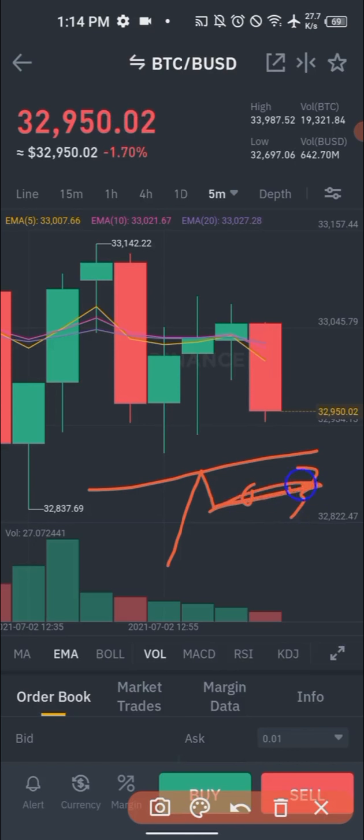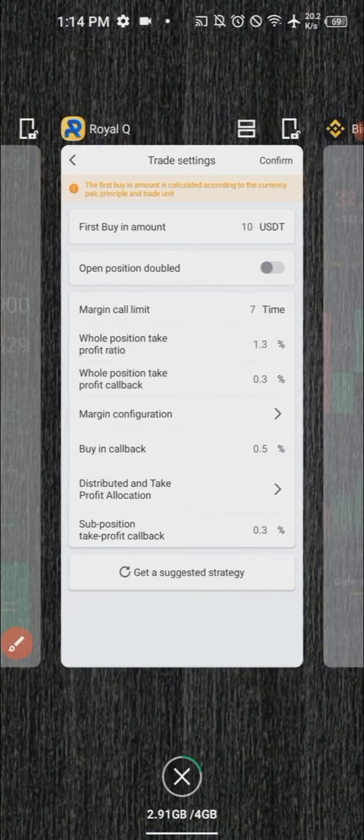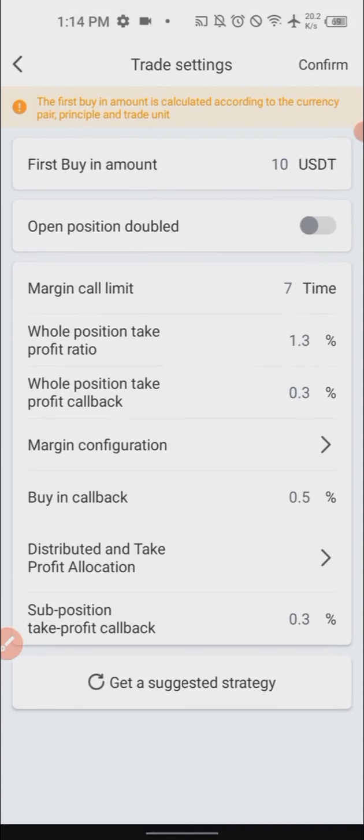So once you've been triggered by the 1.3% profit, even if the price comes down, even if it comes down and it's within the range of 0.3, I still want you to take profit from me at that level. No problem. I'm okay with that. So that's the hold position, take profit, callback.